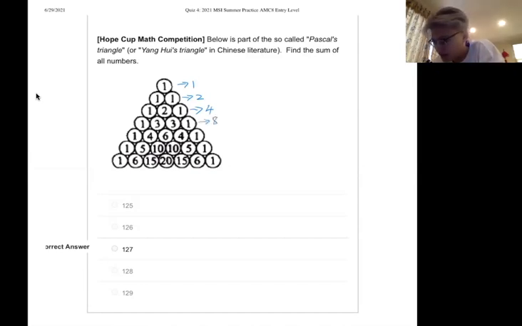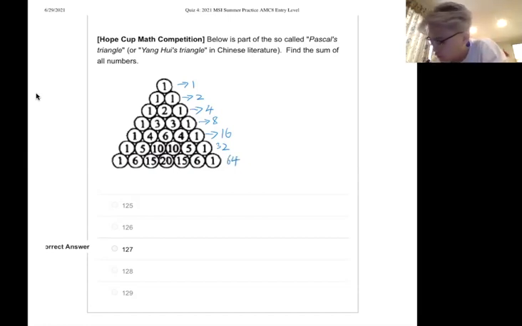The next line is 1 plus 4 plus 6 plus 4 plus 1, that will be 16. Now we can see a pattern that each line is the former line multiplied by 2. So the next line will be 16 multiplied by 2, that will be 32. And the final line is 32 times 2, that will be 64.